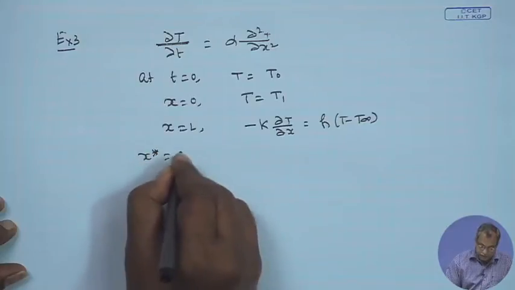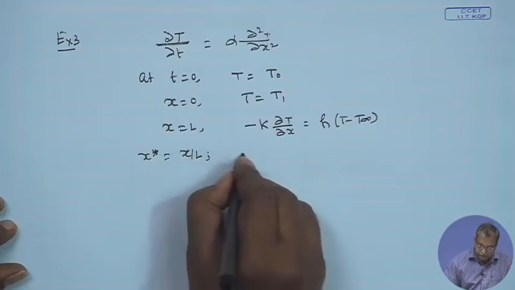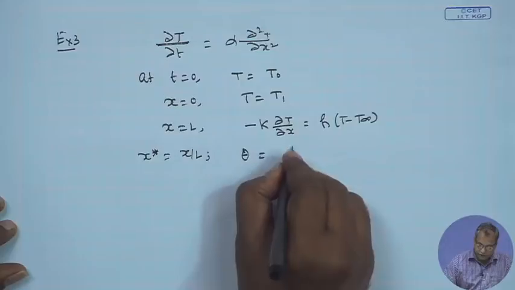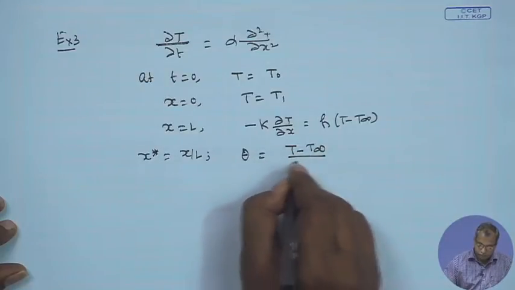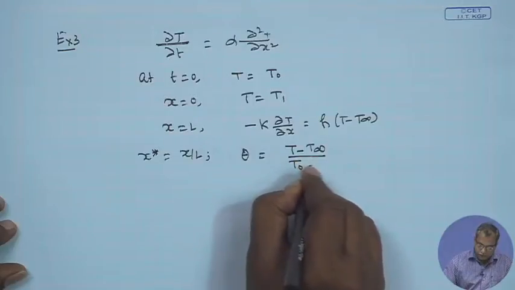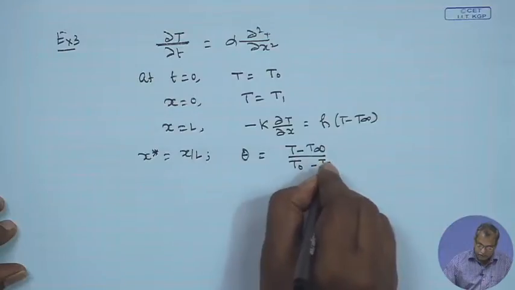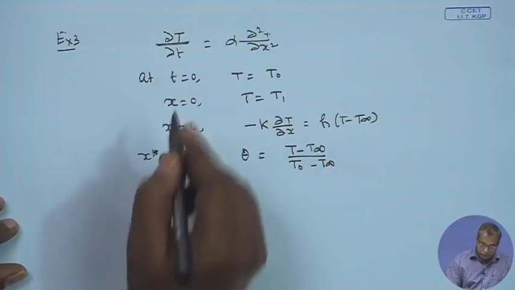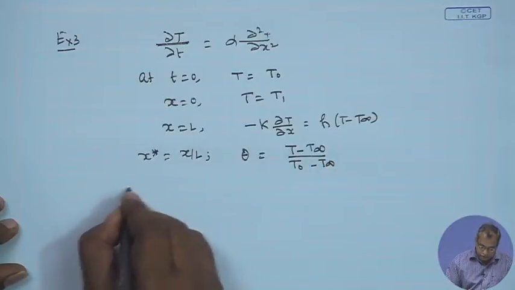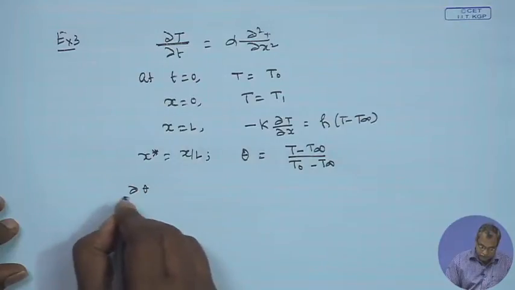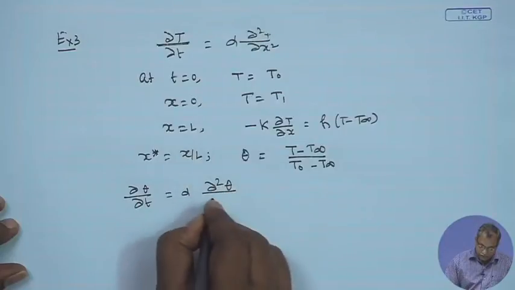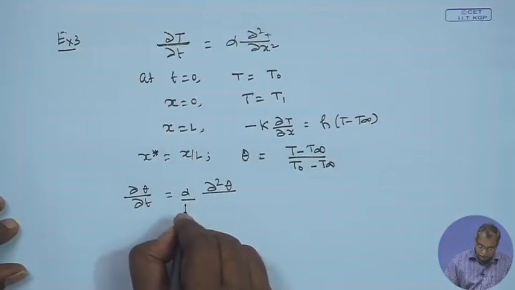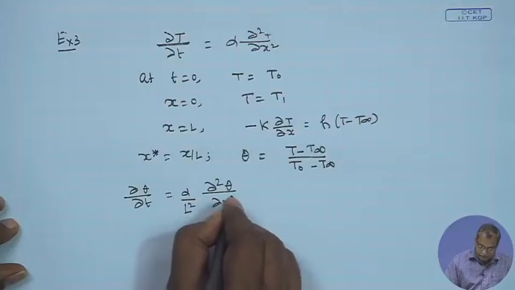Now we make this equation non-dimensional such that one of the non-homogeneities will go. So x star will be x by L, and theta, the non-dimensional temperature, will be defined as T minus T infinity divided by T0 minus T infinity. Let us put it in the governing equation. So this becomes del theta del t is equal to alpha del square theta divided by L square del x star square.